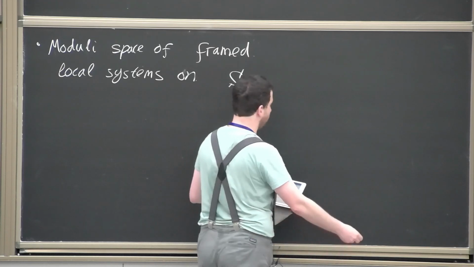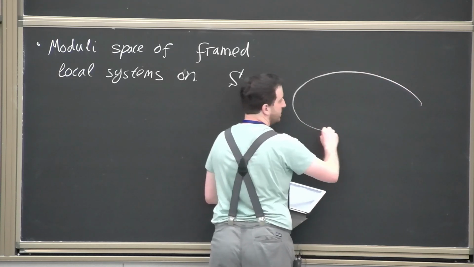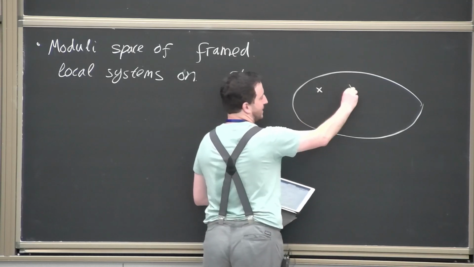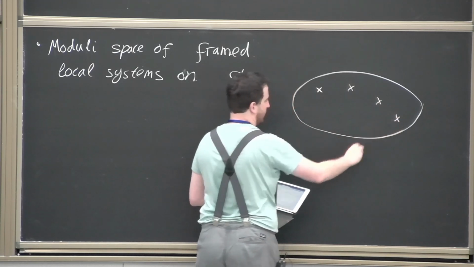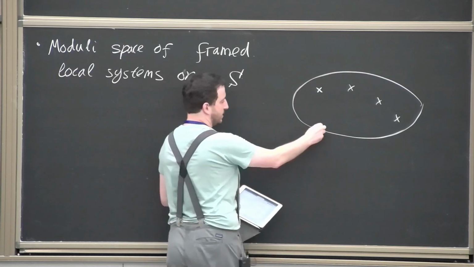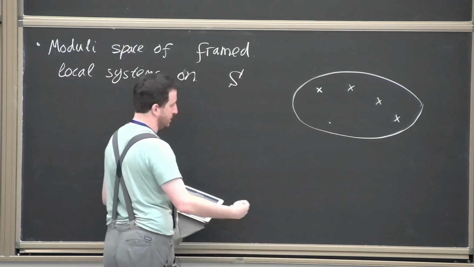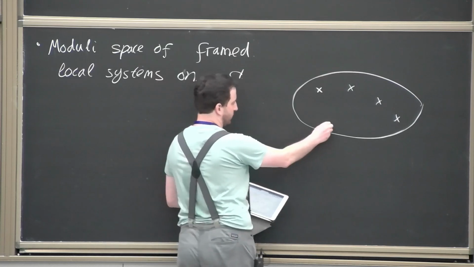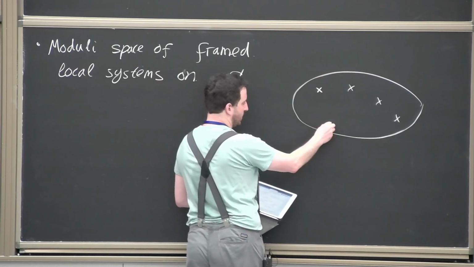So pictorially, we pick something. So let's take P1 with some set of punctures. I don't know, it's 4. And the local system, which is a representation of the fundamental group, is determined by the following data.